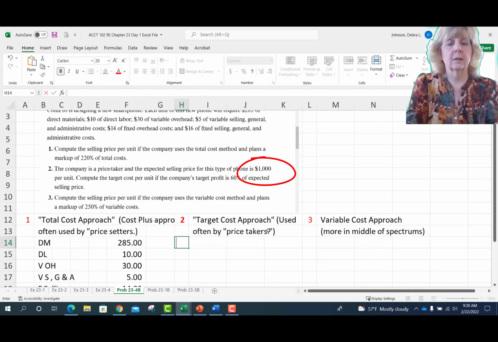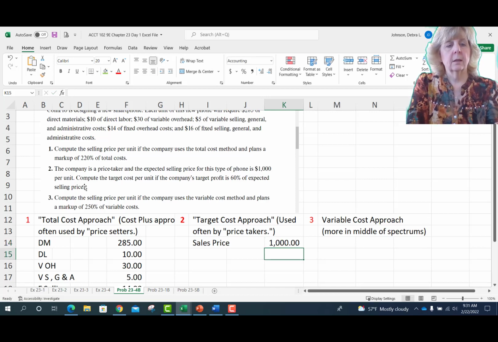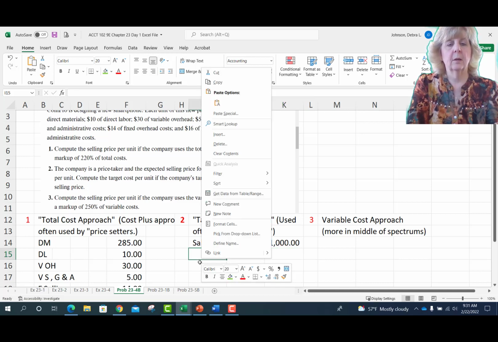So I'm going to enter that sales price in as our starting point. And they mentioned that that was $1,000. And they say compute the target cost if the target profit is 60% of the selling price.